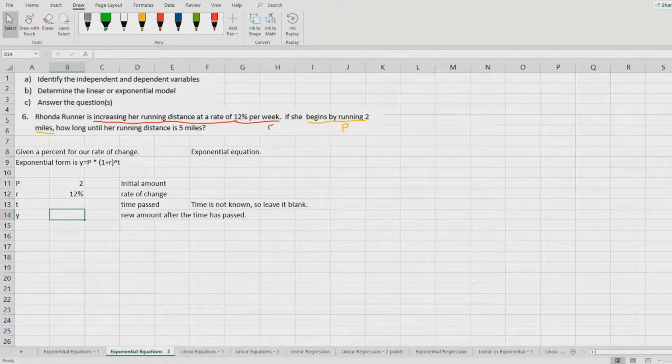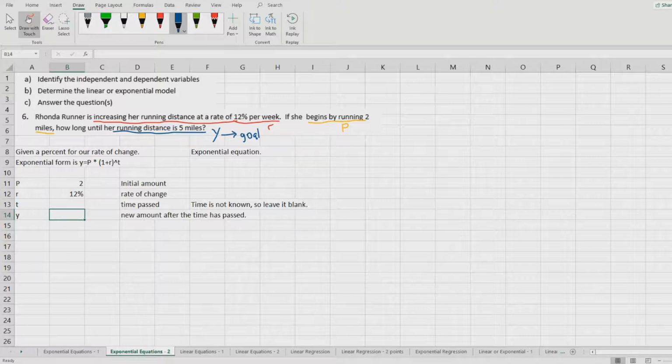Now for the y, they've told us that they want to know how long it takes until the running distance is 5 miles. So this is the y they gave us. But anytime they give you y, we have to use goal seek. Now we can't just type 5 into the box though.